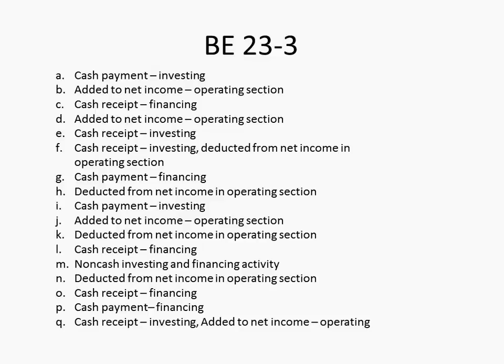Very good. We have learned. How we doing? Are we getting it? Good. We're having little clicks. That's good. Last one, purchase of treasury stock. Cash payment and financing. Good. Excellent. Excellent work.